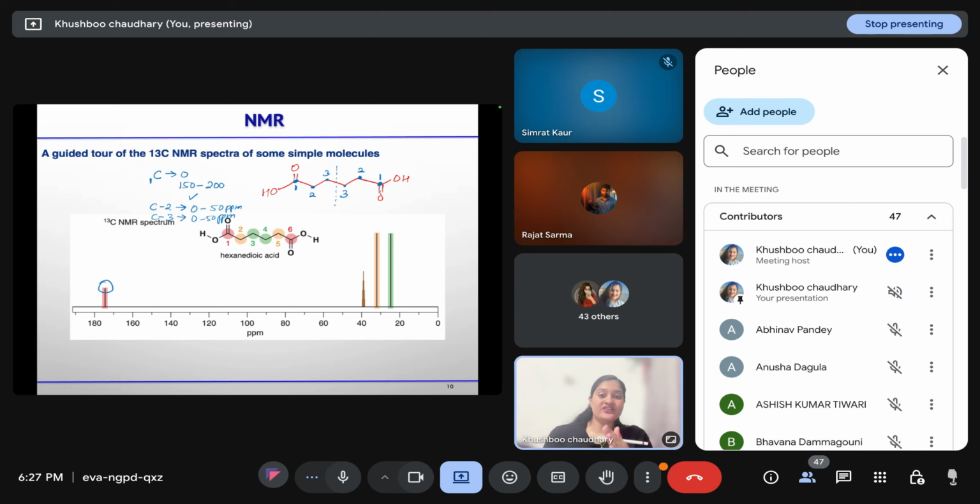Now, as both carbon 2 and carbon 3 are not attached to any heteroatom, we have to decide the relative position of these two carbons. The carbon that is near to the carboxylic acid will be de-shielded, and the carbon that is far away from the carboxylic acid will be shielded.